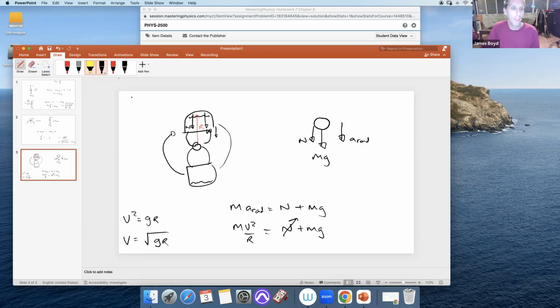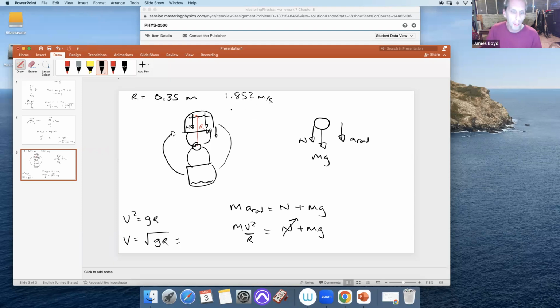Now, we were told that our radius was 35 centimeters, or 0.35 meters, and so I can find this in meters per second. The square root of 9.8 times 0.35 is 1.852 meters per second.